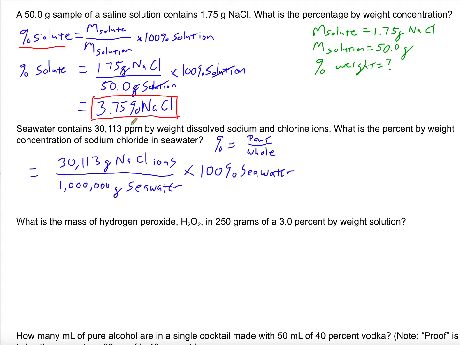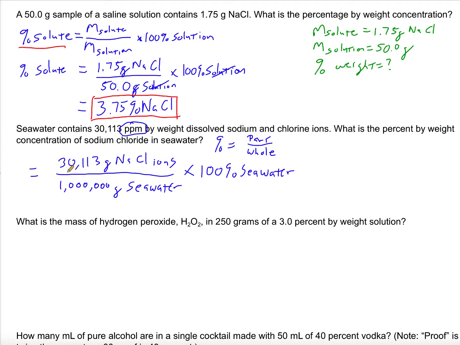What we mean by parts per million is how many out of each million, and that's just dividing. Just like a percent is out of 100, a part per million means that we have this many grams of sodium and chlorine atoms per million grams of seawater.